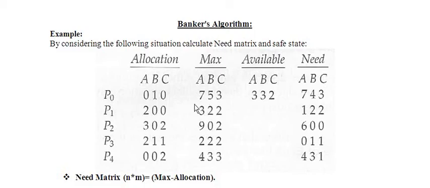Maximum means the maximum utilization of the resources by a particular process, and available is what is available at present.